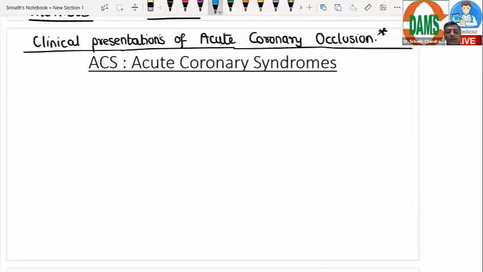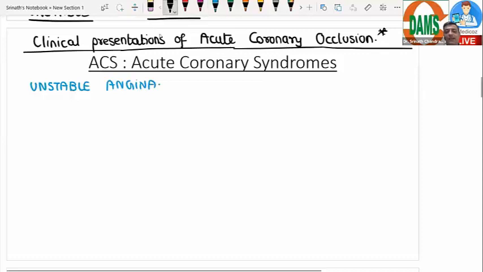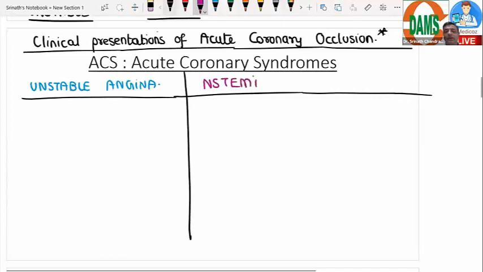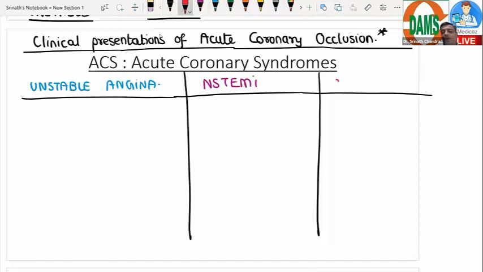The patient can present with unstable angina, or with NSTEMI, or with STEMI, ST elevation myocardial infarction.